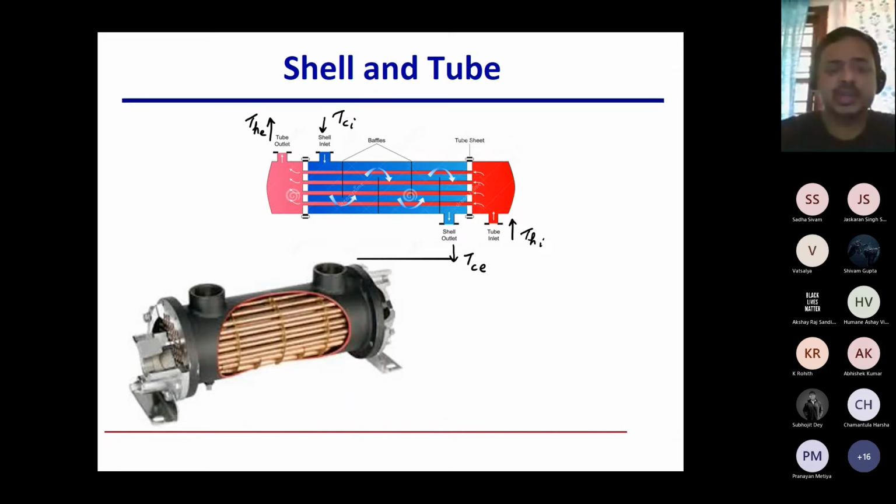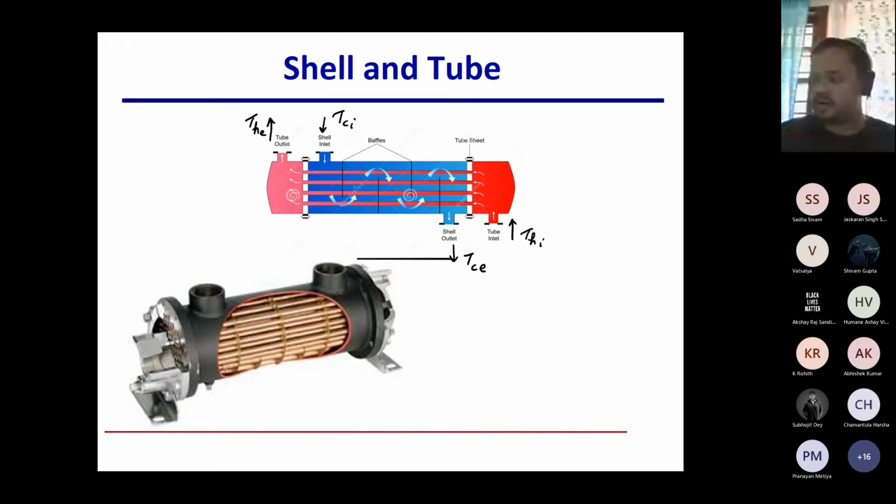So how do I make sure that it doesn't do that? It stays inside, and the residence time is increased so that there is more heat transfer between the hot and cold fluids. In order to do that, we add these things called baffles. Baffles are just plates that do not traverse the whole cross section. As you can see, the cold fluid, after coming in, has to go through this zigzag path.